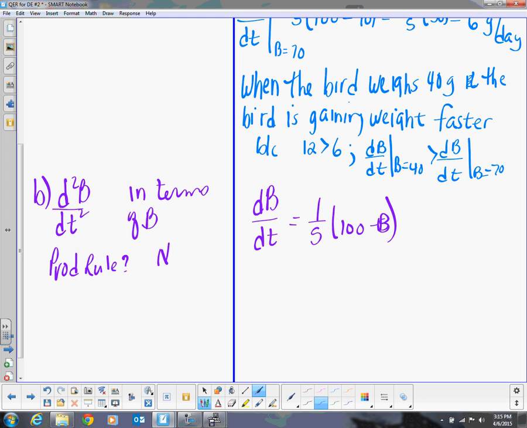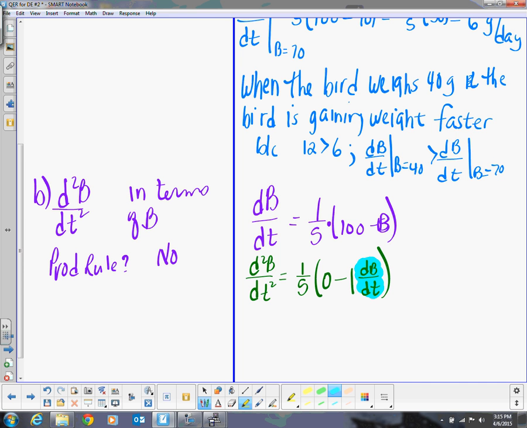And the answer is no, because there are no variables on that side of 1/5. So d2b over dt2 equals 1/5 times the derivative of 100, which is 0. The derivative of b is 1, but this is implicit differentiation, so db over dt. This is a very common mistake. I can't tell you how many people forget that. So this is equal to negative 1/5 dB over dt.